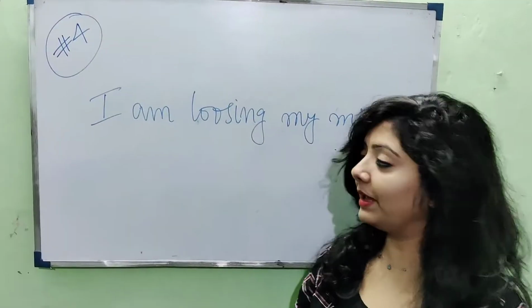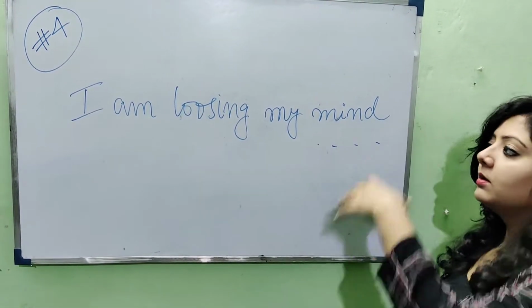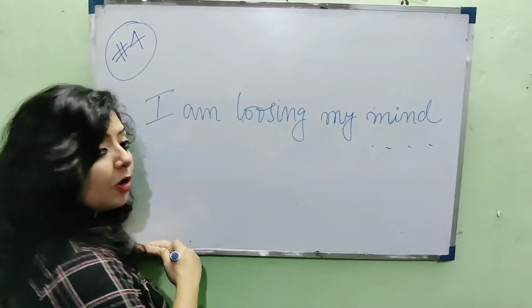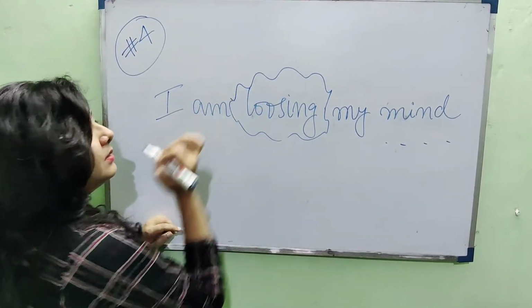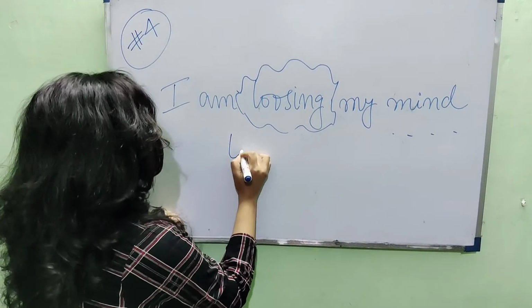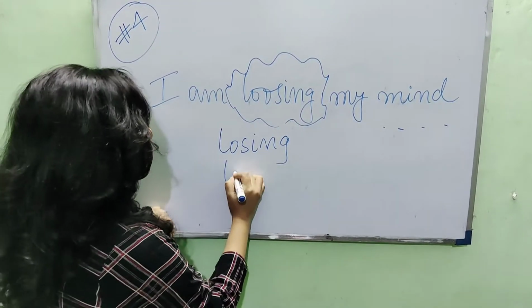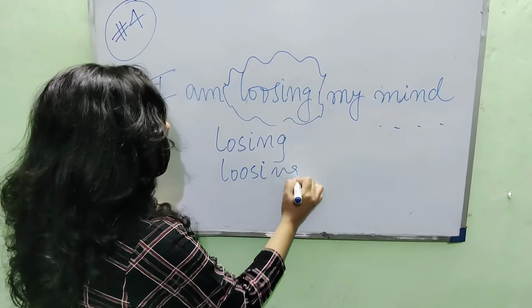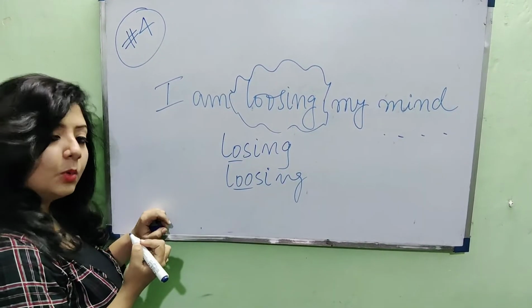This is the fourth error now. I am losing my mind and a long sentence. But the problem area is... Okay. Now, there is a similar sounding word. Difference between the usage of the vowel O. Okay.